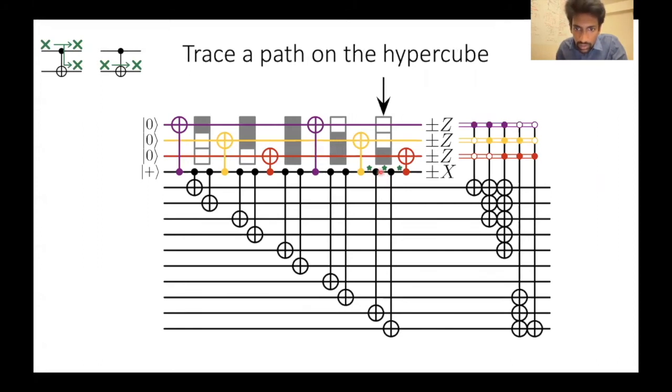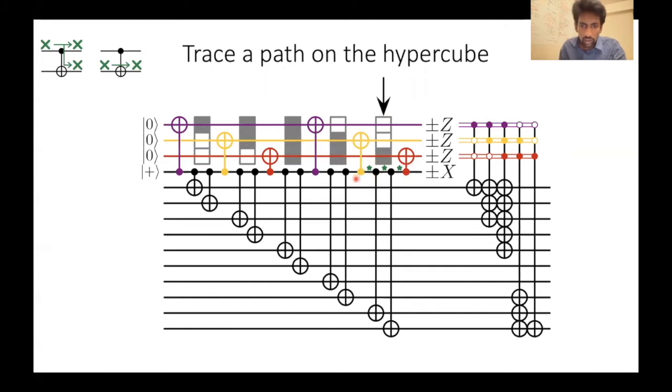An X fault at any of these 3 locations propagates an X error into the red wire through this red ancilla CNOT, and that triggers a flag configuration of 001, which is also exactly equivalent to this pattern of hollow and filled squares I have just above the possible faults.